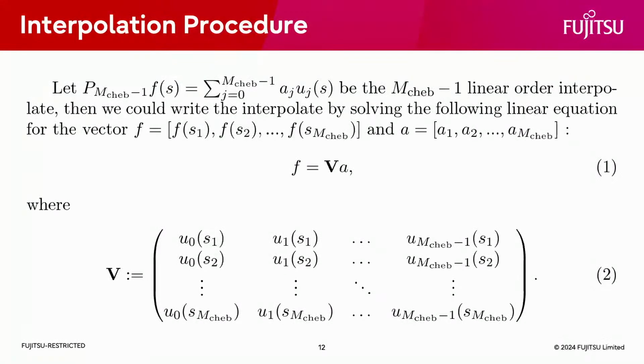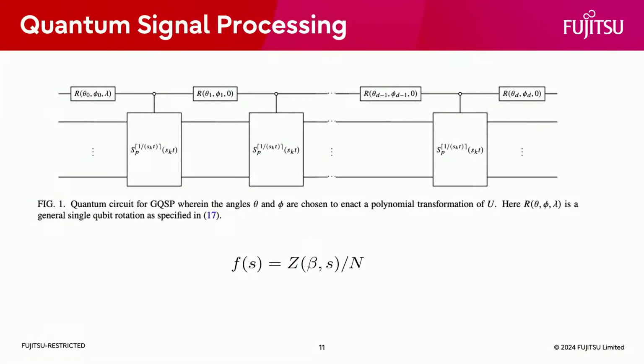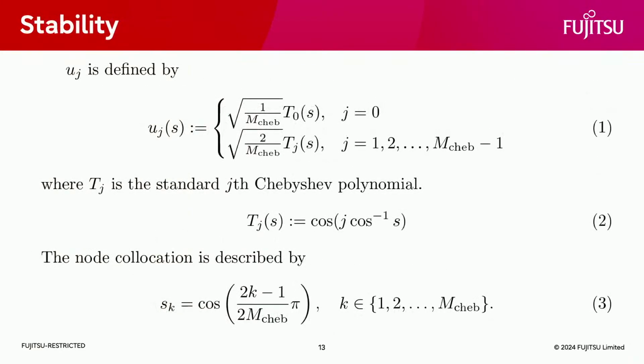Now the interpolation part is okay. Basically, to do away with the Trotter error from our approximation of the evolution operator, we use Chebyshev interpolation, which is the most stable kind of interpolation we can do. Basically, our function that we want to interpolate is this one that depends on S, the Trotter step size. And we solve this linear system.